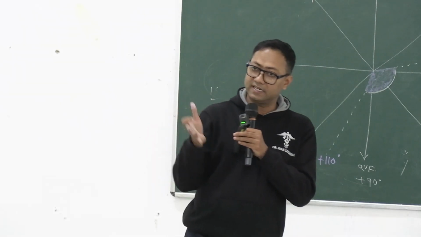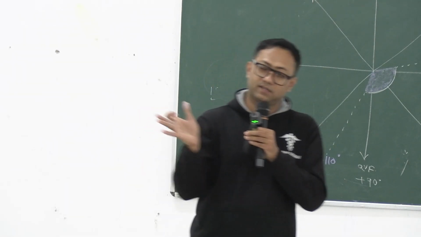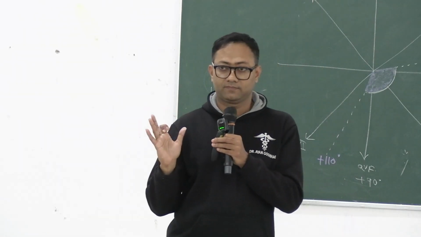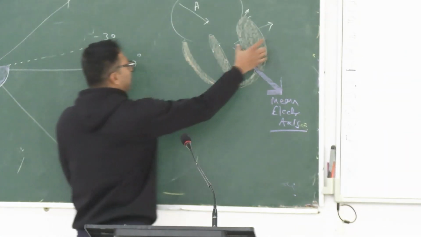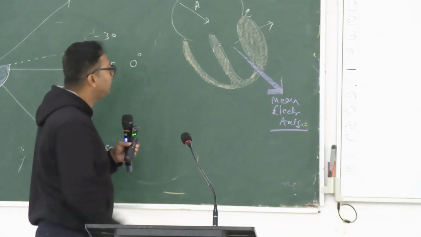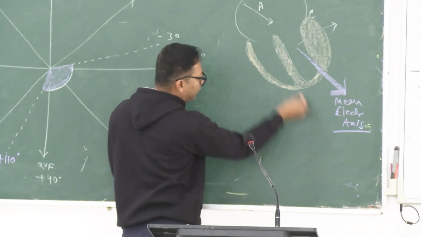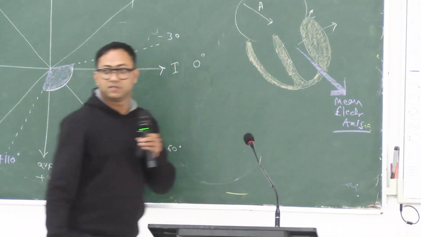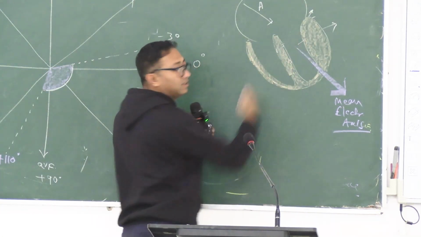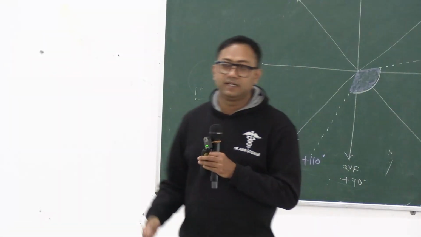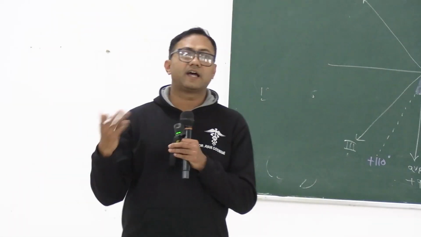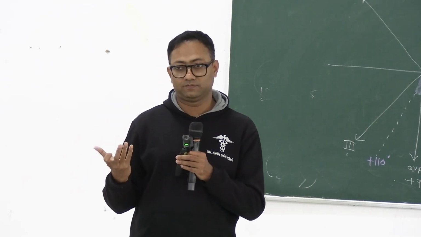This is why your mean electrical vector is deviated towards the left. Otherwise, if both were the same, it would have oriented towards the midline according to the septum, because both sides have equal muscle. Now take a condition where right ventricular muscle is more.